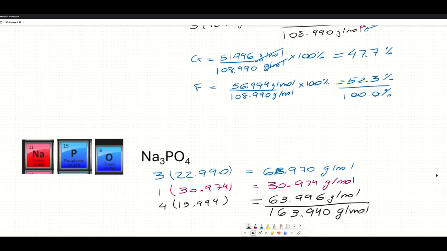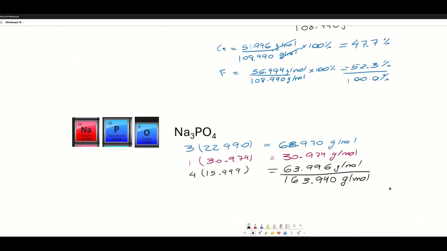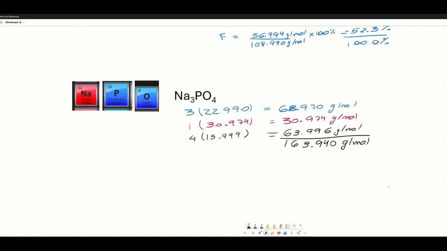Now I divide each single element by the total and multiply by 100. We do the same thing with the phosphorus and the oxygen: divide and multiply by 100%.